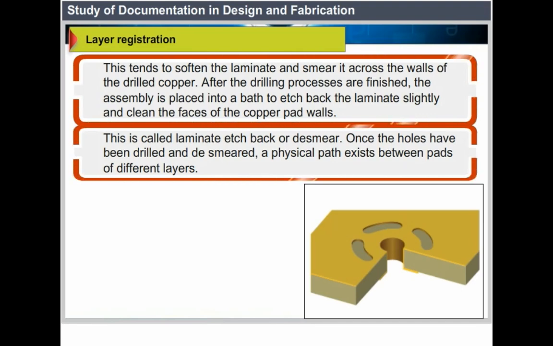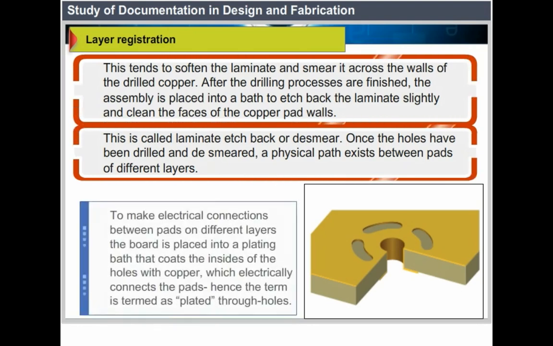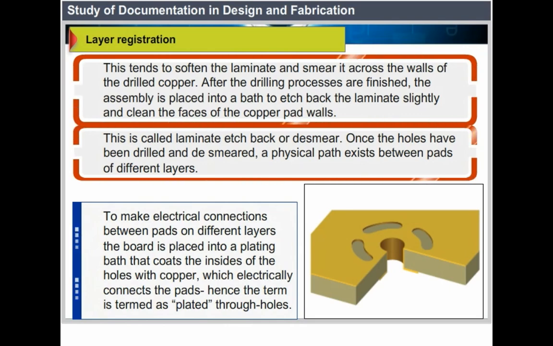Once the holes have been drilled and dismeared, a physical path exists between the pads on different layers. To make electrical connections between pads on different layers, the board is placed into a plating bath that coats the inside of the holes with copper, which electrically connects the pads, hence the term plated through holes.